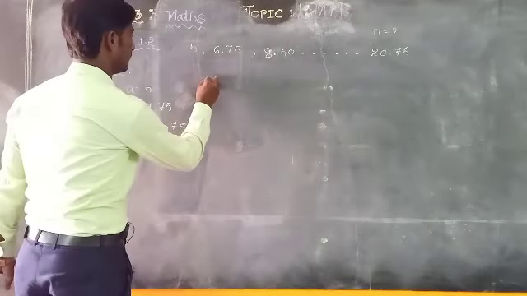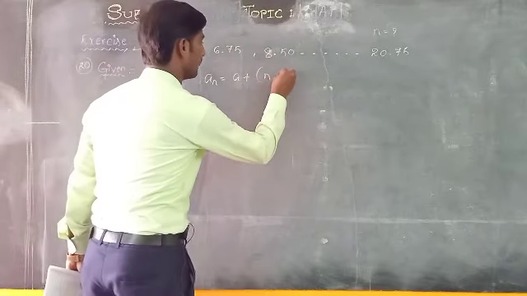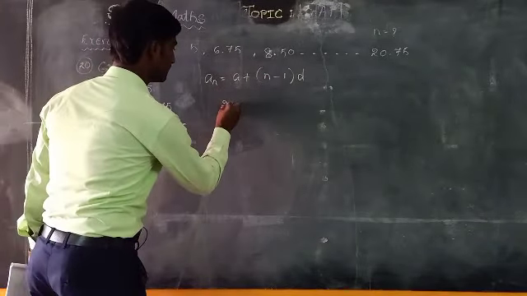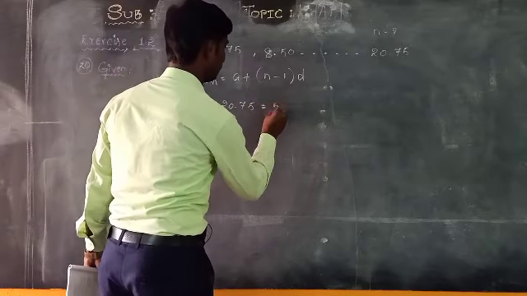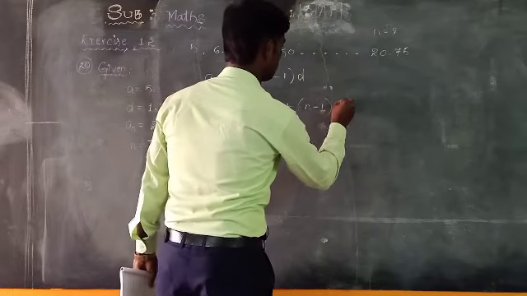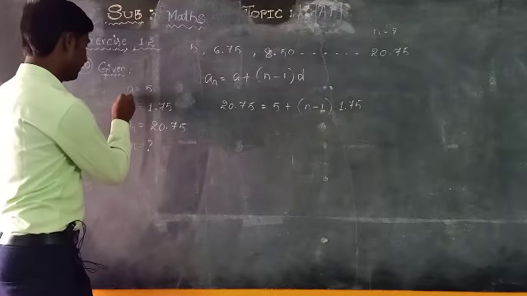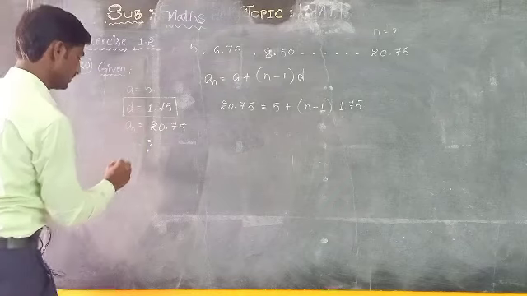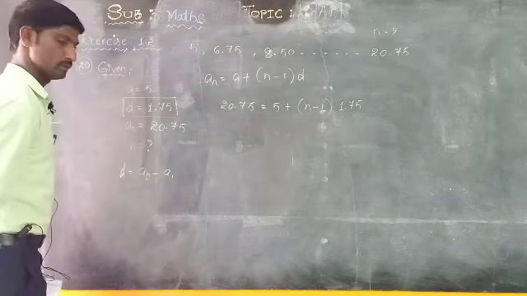That is the nth term of AP, an is equals to a plus n minus 1 of d. So the nth term is 20 rupees 75 paisa, is equals to first term 5 plus n minus 1 of common difference 1.75. How do we get the d value? d is equals to a2 minus a1, or it is represented in the data.